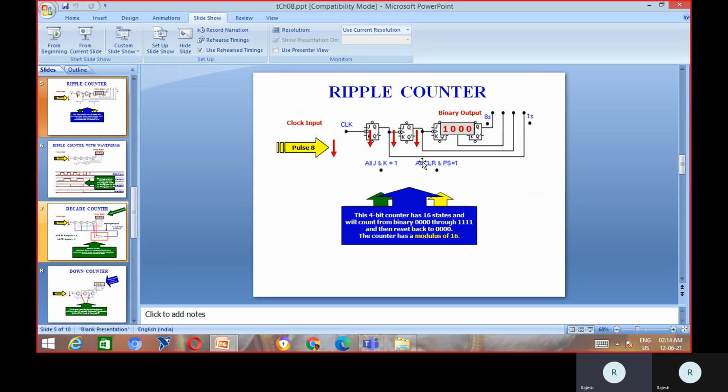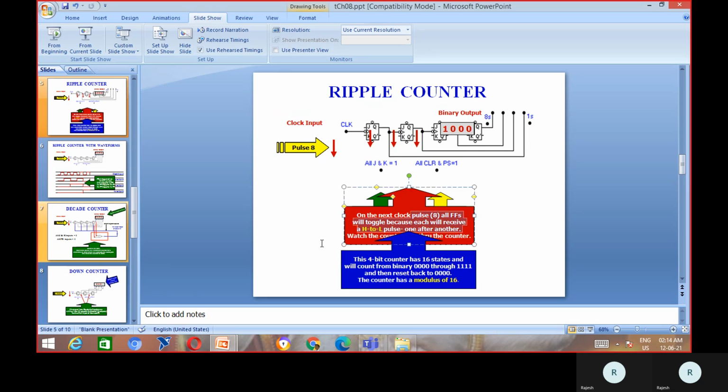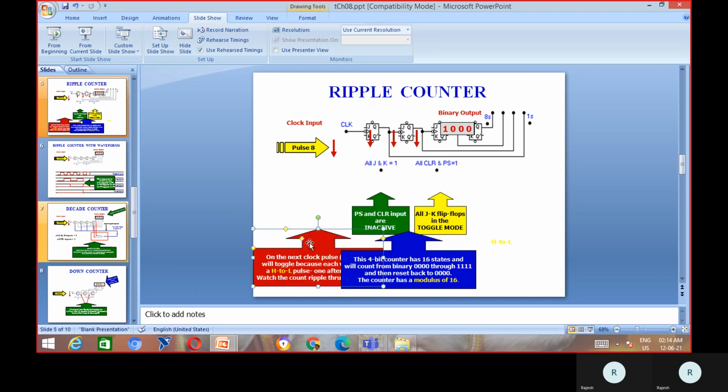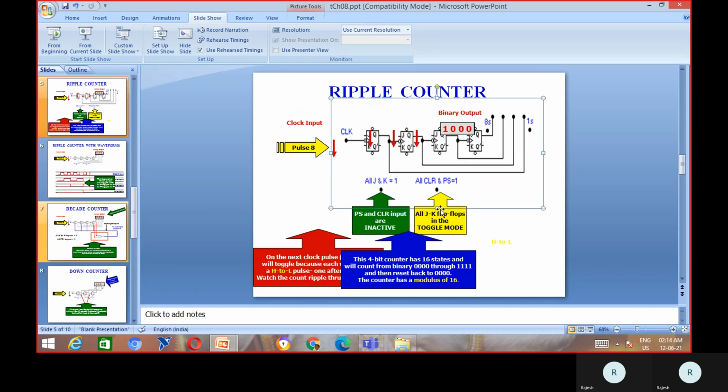What it means is, in this diagram, you can see we have made the preset and clear pins inactive by giving them a 1.